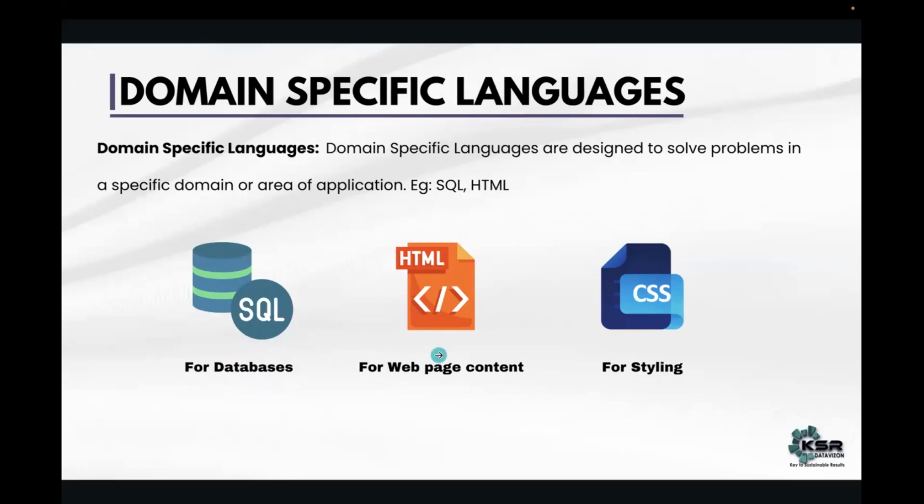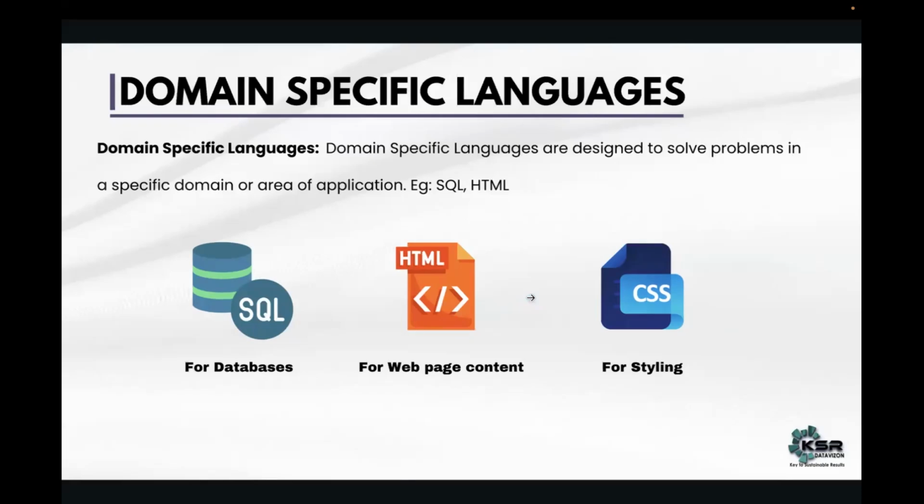You can take the HTML example. People might have heard of HTML. It's for web pages. So you just tell that these things have to be loaded. You don't tell how it should be loaded in the browser. It's not the how part. It's just the what you want to achieve part. So this is the declarative part.